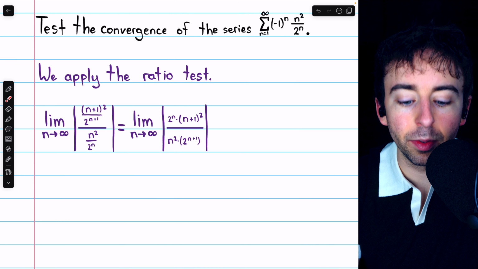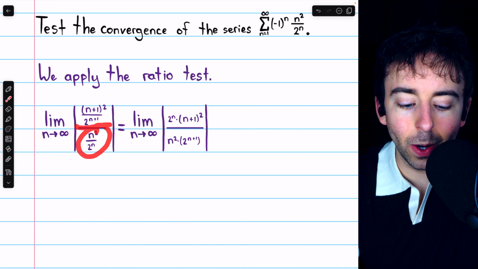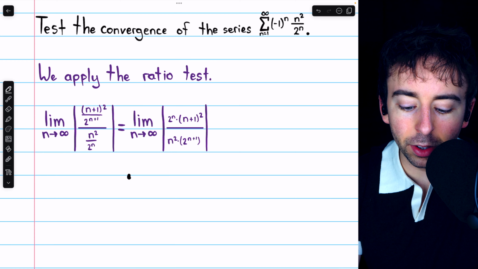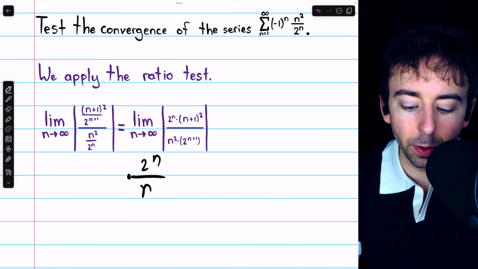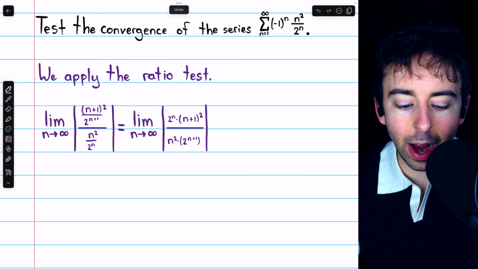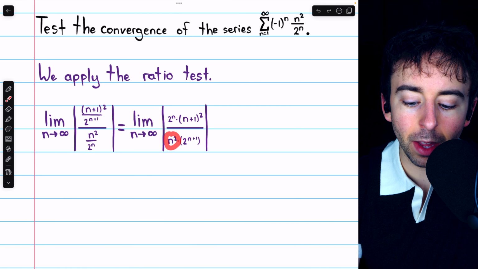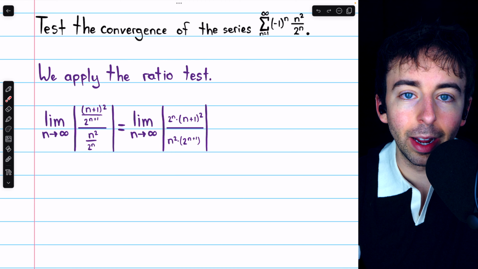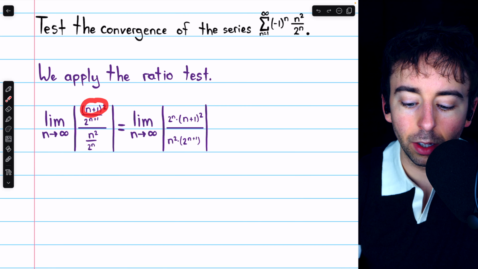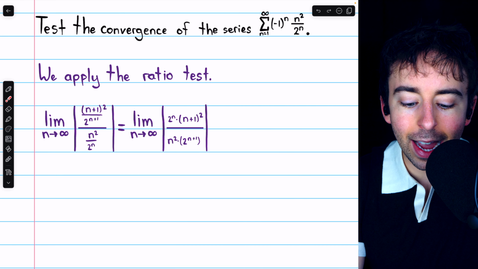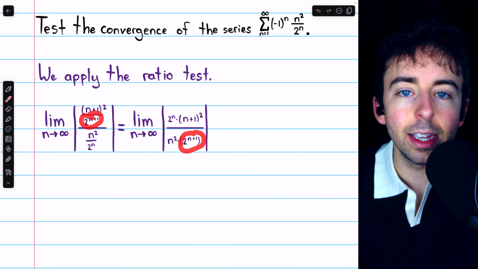Now we can do some simplifying. Dividing by n squared over 2 to the n is the same as multiplying by 2 to the n over n squared. So n squared is going to be in the denominator, and 2 to the n is in the numerator. We also, of course, have (n plus 1) squared in the numerator, and 2 to the n plus 1 in the denominator.